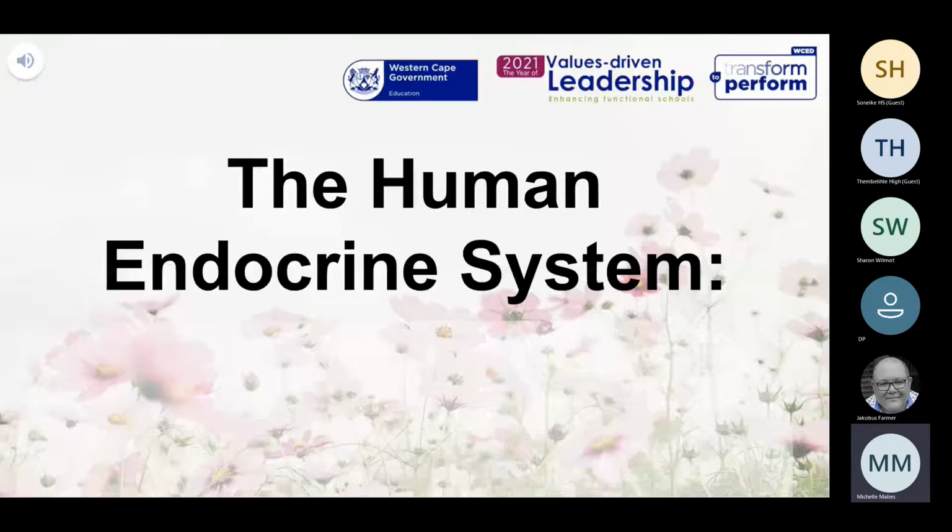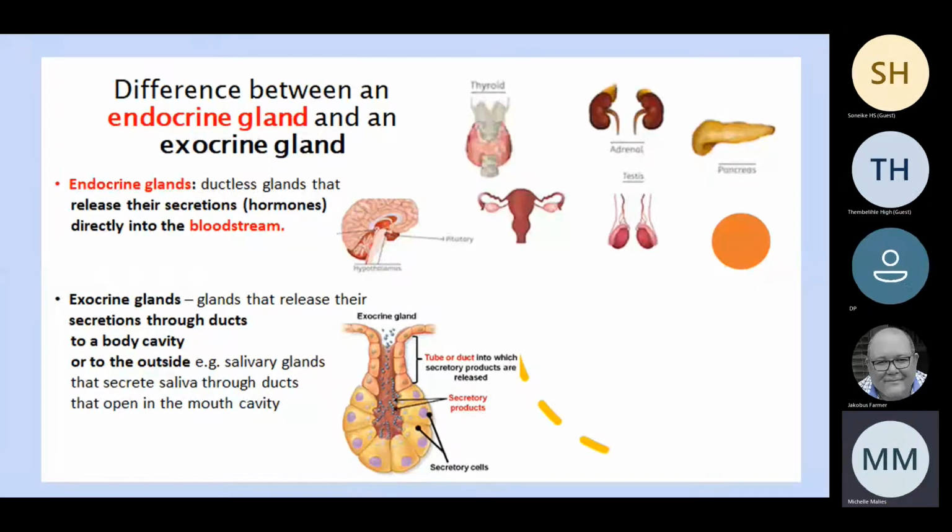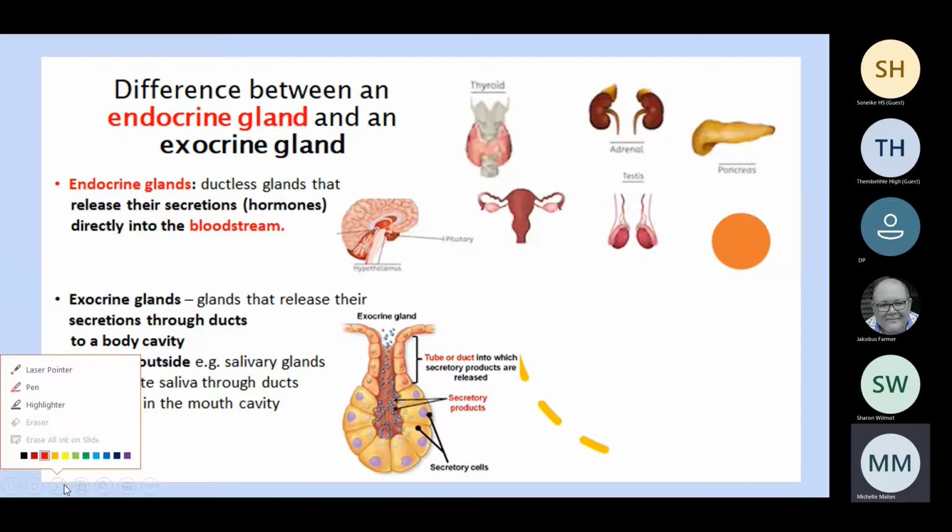Now, the endocrine system. First, you need to know that there's a difference between an endocrine gland and an exocrine gland. If you look in your notes, endocrine glands are ductless glands that release secretions, specifically hormones.